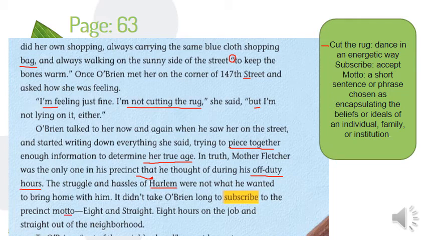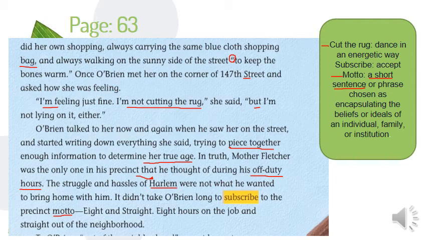So, what is the motto and what is subscribe? Subscribe means accept, and the motto means a short sentence or phrase chosen as encapsulating the beliefs or ideas of an individual, family, or institution. So, it's the short phrase that everybody knows and everybody repeats.